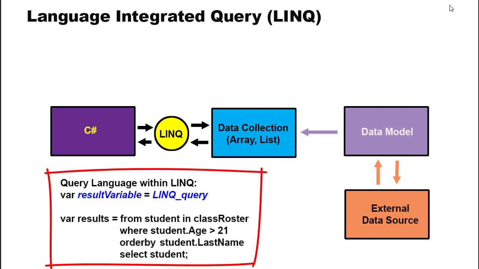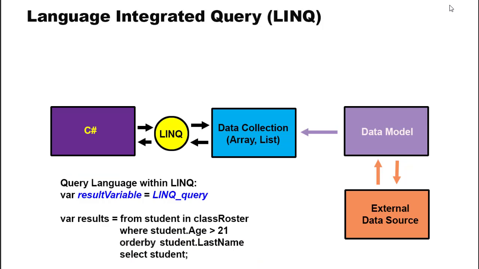Using the same generic format of var result variable equals LINQ query, here we have a list called class roster of type Student, the capital S, that's going to be the name of my class, but here I'm going to use a variable named student lowercase, so each student in class roster, where the student.age is greater than 21, so I can reference the different fields of that data model. I'm going to order it by student.lastname, again referring to the last name field, and I want to select student. And then again, I might go through a for each loop to populate my collection.